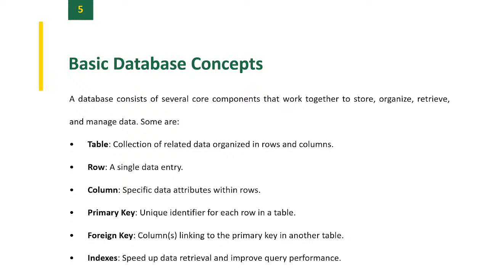So when we have a table with so many rows, for you to be able to identify each of the rows, we have the primary key that is being assigned to them. So if you have like 5 rows, a primary key could be number 1 for row 1, 2 for row 2, 3 for row 3, and so forth.